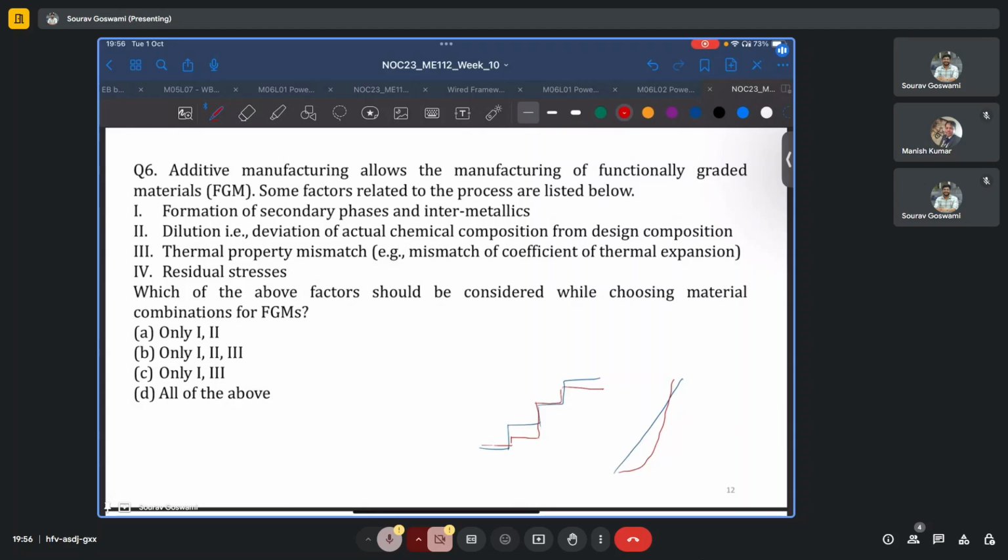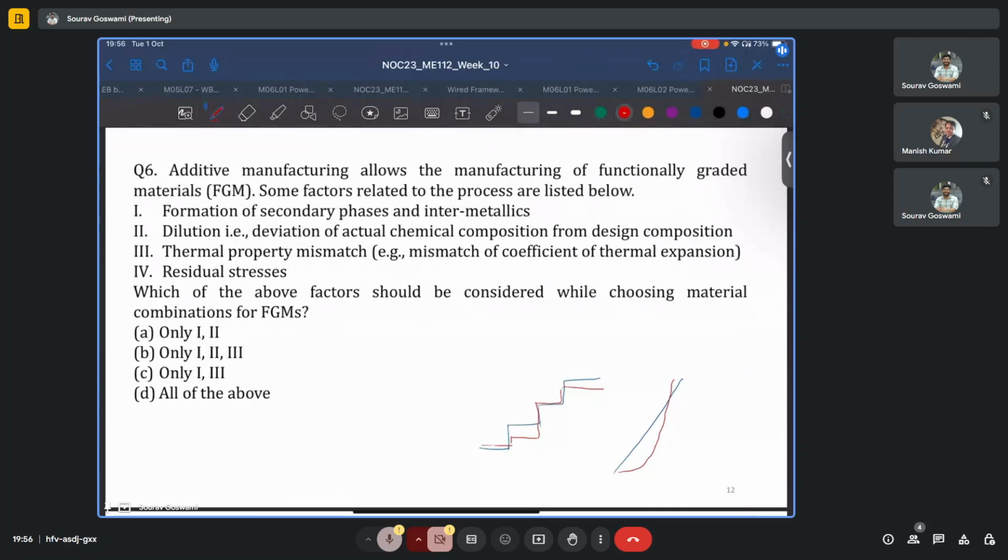Which of the above factors should be considered while choosing material combinations for FGMs? Now, if it is a material based FGM, that is, there are different materials which are being combined to form an FGM.